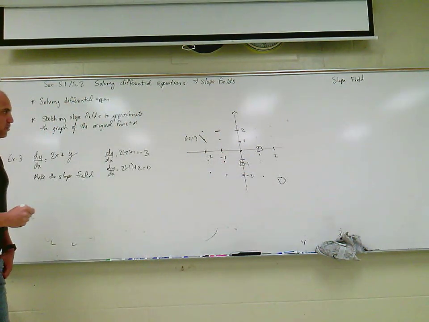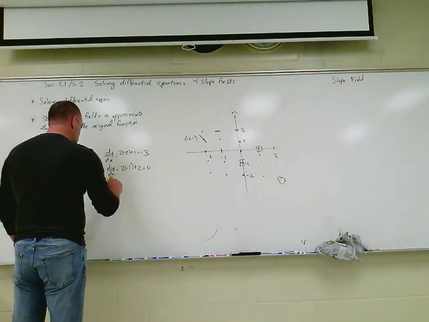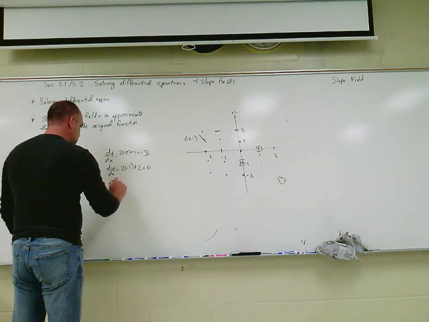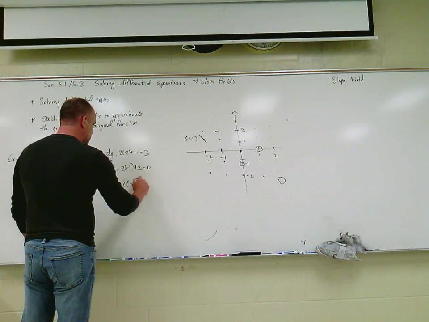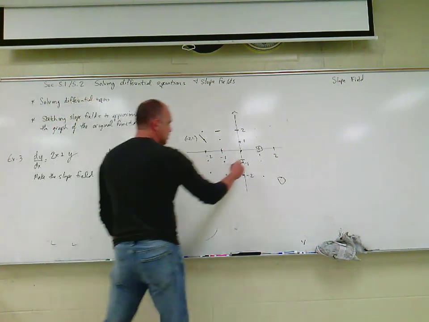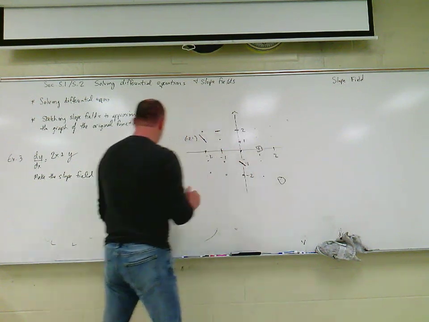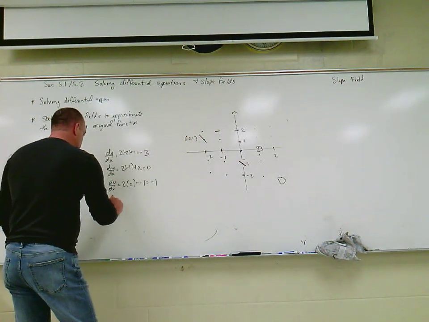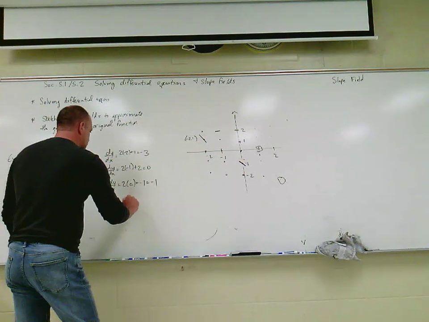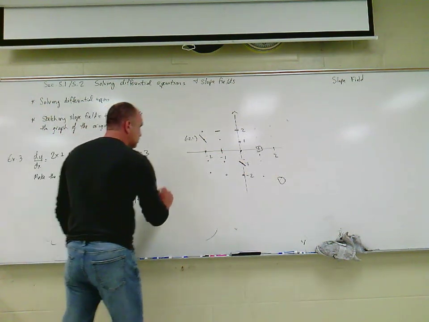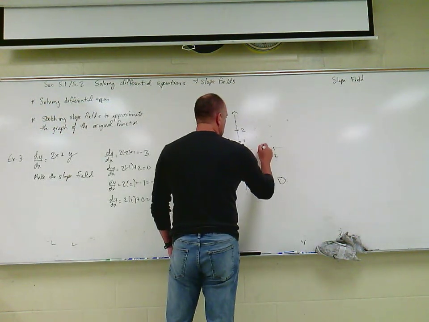And what do we got next? 0, -1, so dy over dx is 2 times 0 plus -1, we get -1. The next one's at 1, 0. 2 times 1 plus 0 is 2. Draw this.